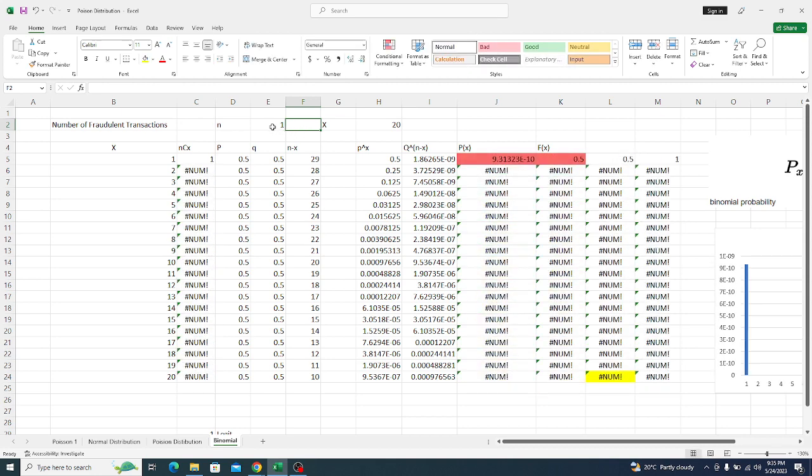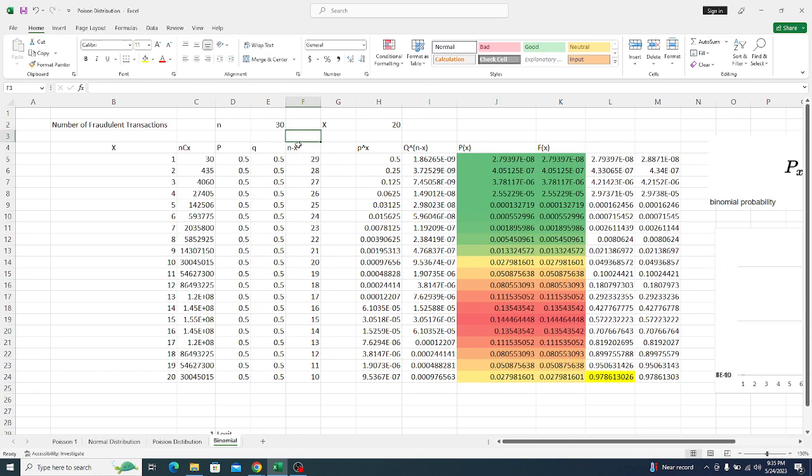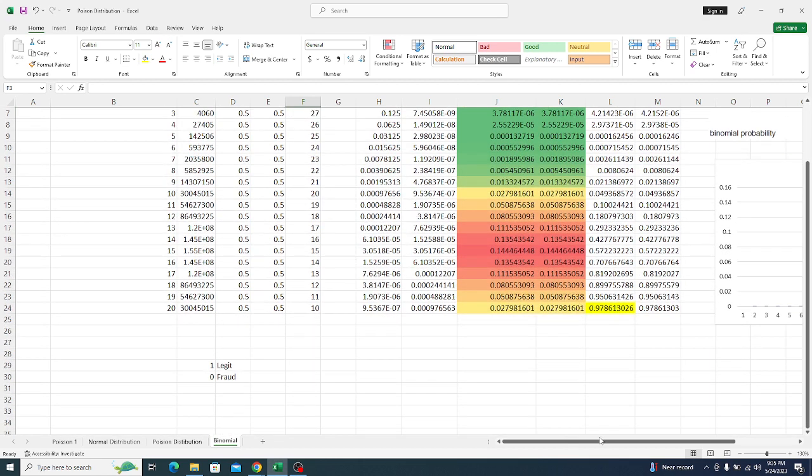When n is 1, you'll get a binary distribution, and in that case you'll also get maybe one value. Why? Because if n is 1, you can't have two trials.